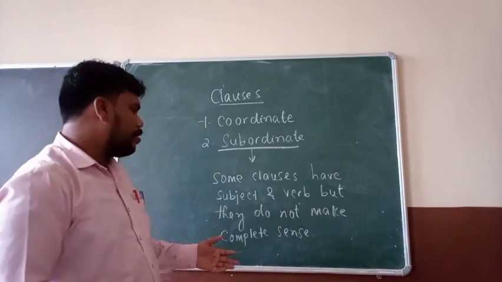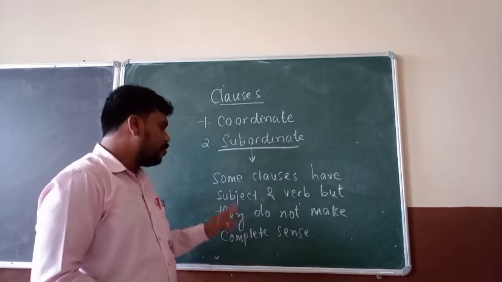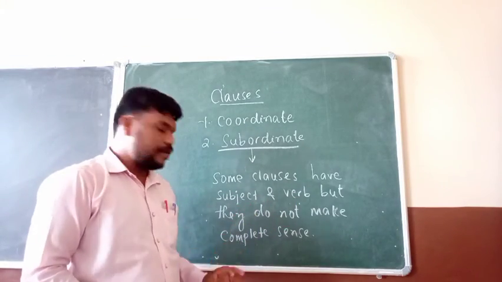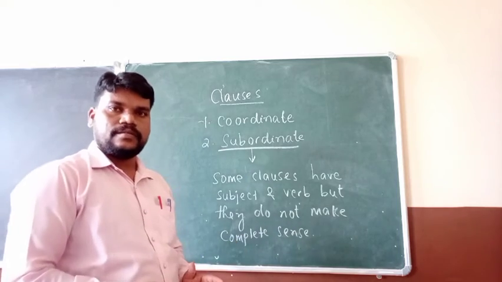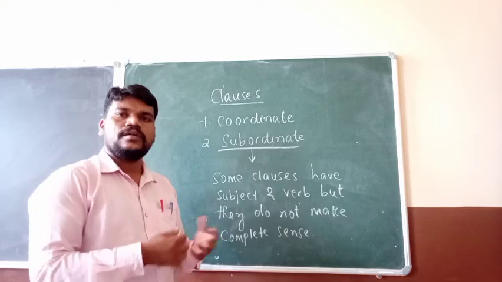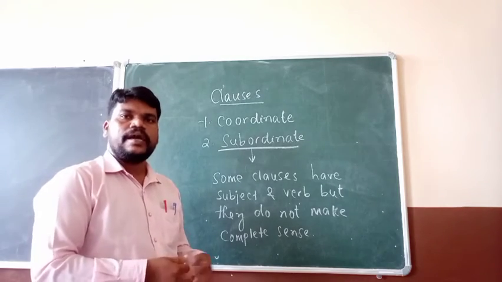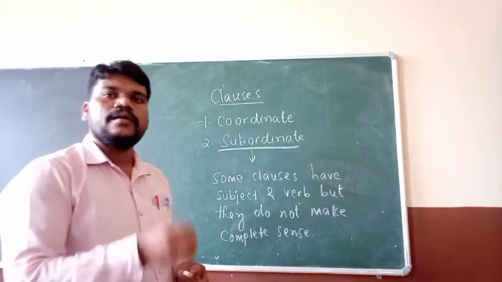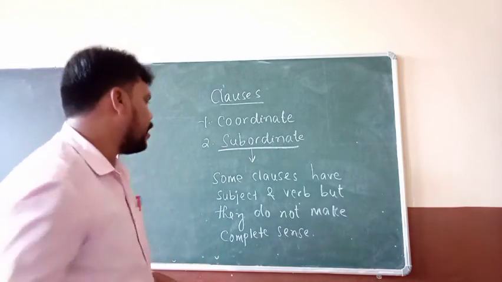So here you see some clauses have subject and verb, but they do not make complete sense. So in that case, we will be knowing that that is known as subordinate clause, and subordinate clause starts with subordinating conjunction.